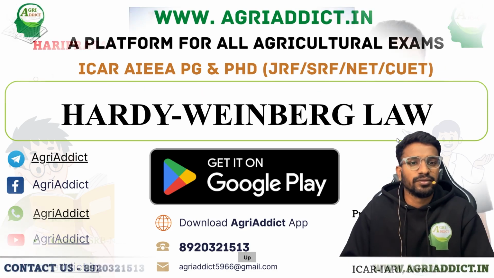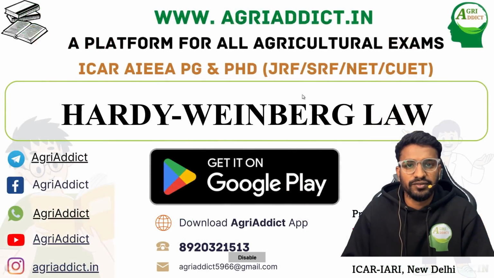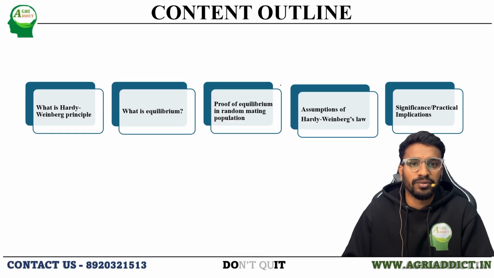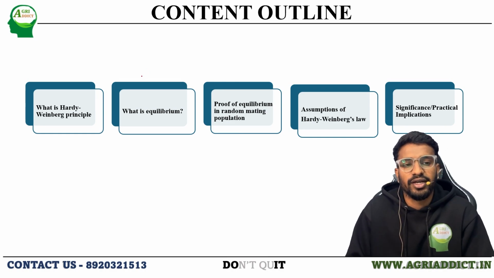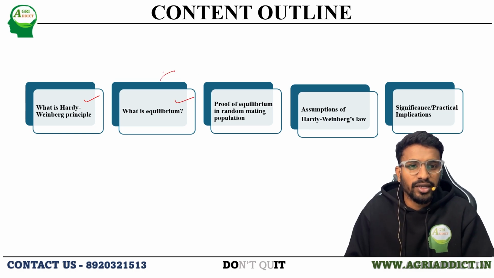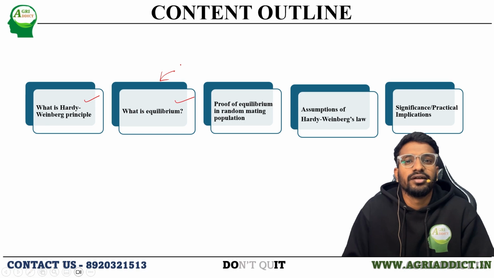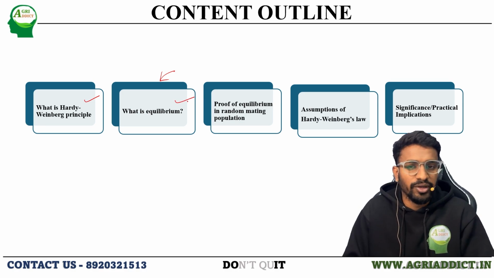Let us start our discussion with the Hardy-Weinberg principle. Today's content covers what the Hardy-Weinberg principle is and what equilibrium means. We regularly hear statements like whether the population is in equilibrium or not, so we will understand what equilibrium means.